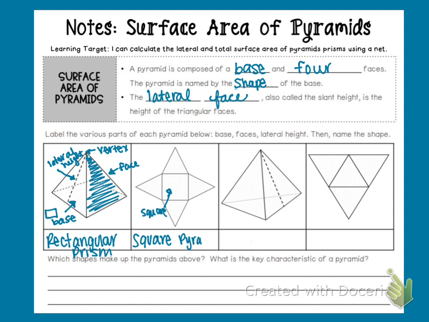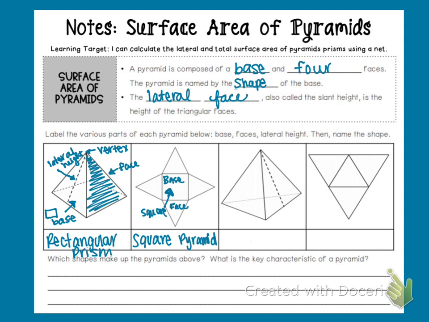We don't often say square pyramid, but the reason why I wrote that is because I want to use A equals S squared when we do nets. That's why I want to identify it as a square versus a rectangle. So this is our base. And these triangles are our faces.